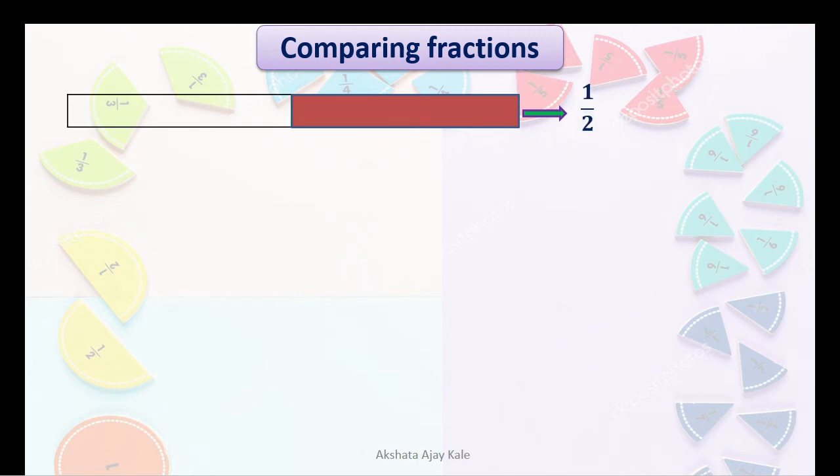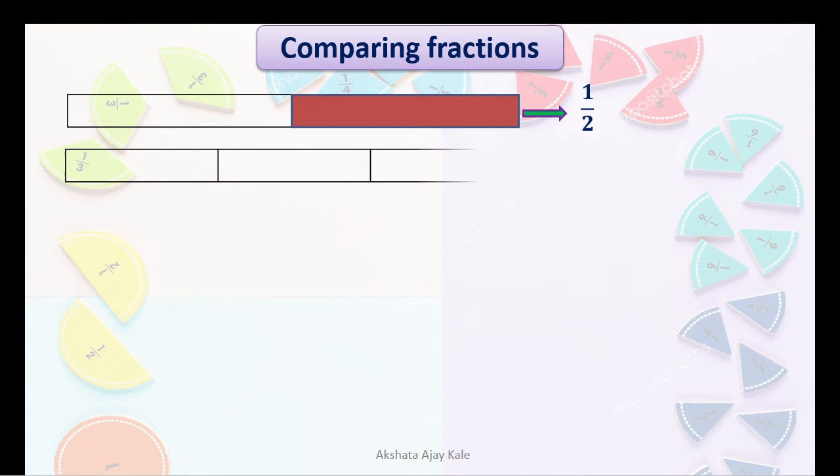Right, because total 2 parts are there and between the 2 parts one is colored, isn't it? Again, one more rectangle with 3 equal parts. We will color one part. Yes, we will write this in fraction form, that is 1 upon, come on, how much? 1 upon 3. Yes, because total 3 parts are there.